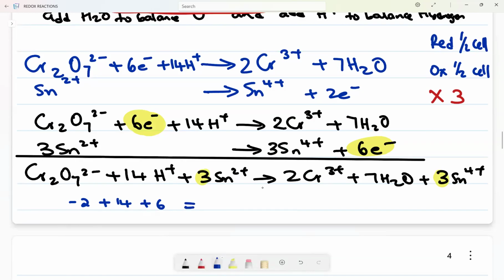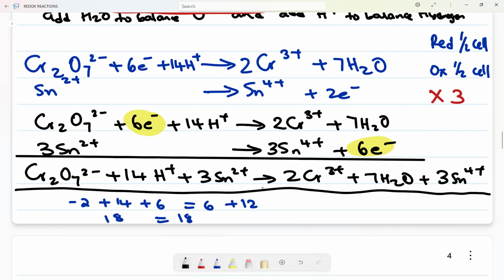Is it equal to 2 multiplied by this, which is 6, and then 7 water is neutral, and then 3 multiplied by 4, it is 12? Let's see here, I have 20 minus 2, this is 18, and this is 18. This is balanced. So that's how we balance it.